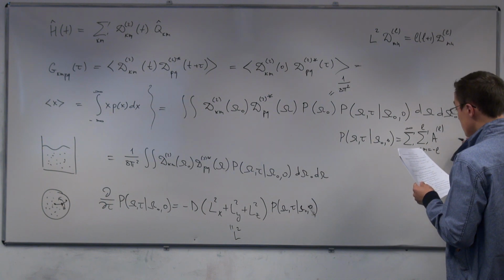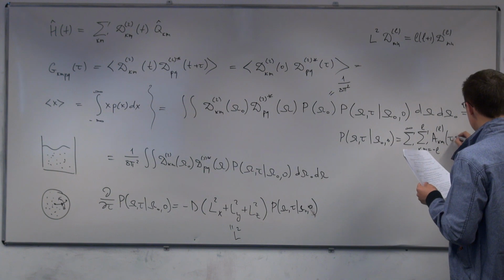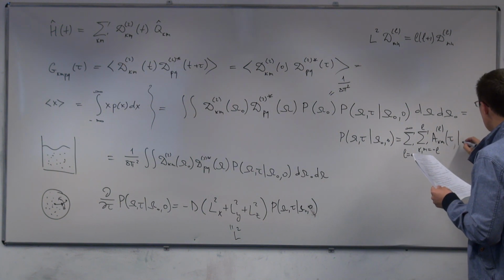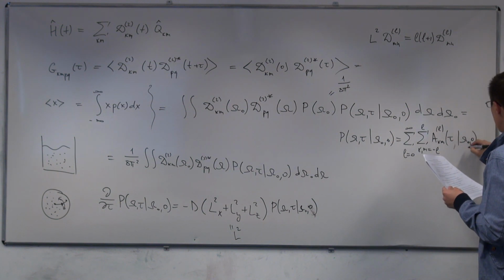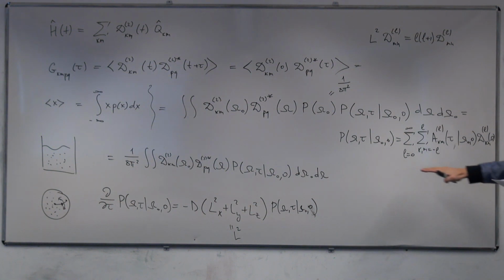So for space they're constants, but for time they're not. So it's a function of tau, but also of our initial conditions, omega naught, L naught, times the Wigner function D^L_{km} of omega. And this is the form in which we will look at the solution.